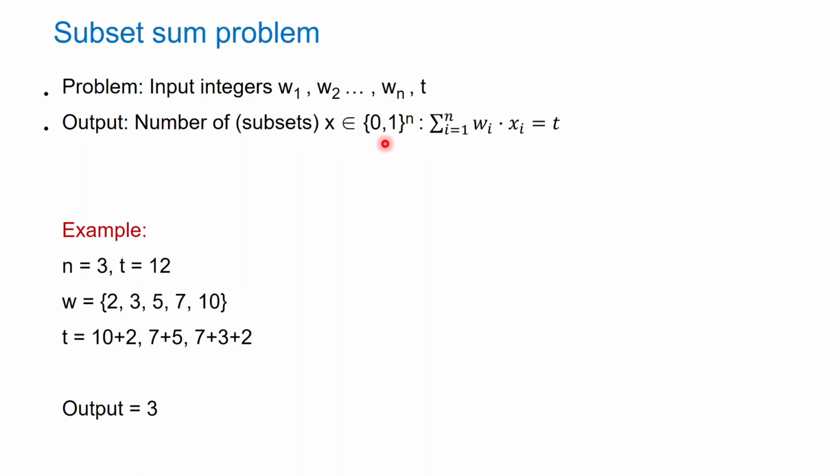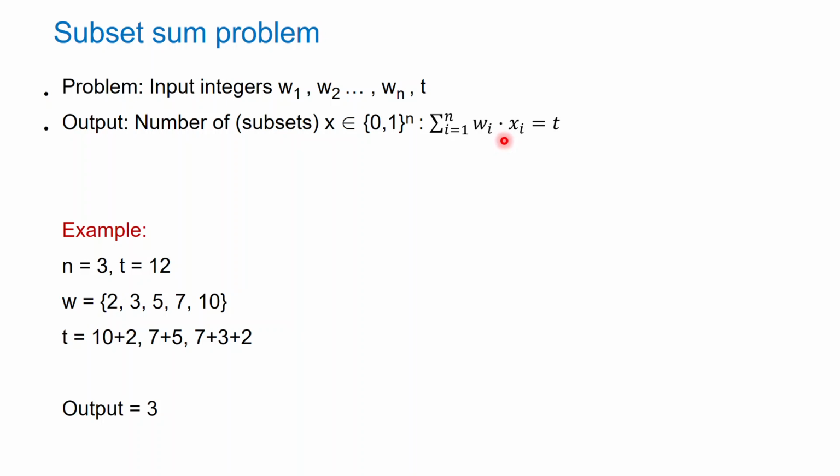And then what I'm looking for is the number of x's, such that if you sum for i that goes from 1 to n wi times xi, you will get t. Okay, in this sum, when xi is 0, you don't get the weight wi. When xi is 1, you get it. So the subset corresponds to the bits of x, which are 1.